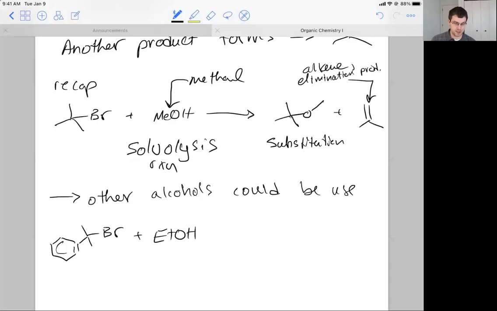So we could replace the substrate with something else that is highly hindered. It's a tertiary haloalkane, no SN2.